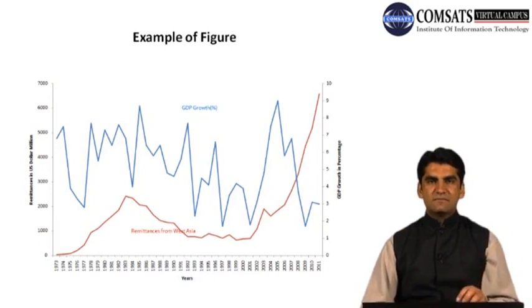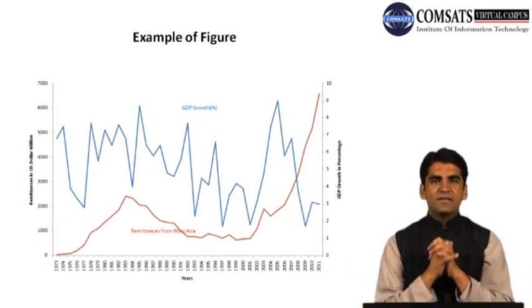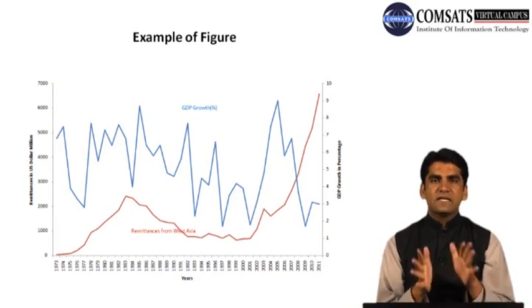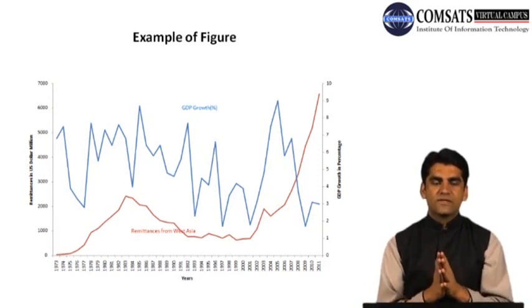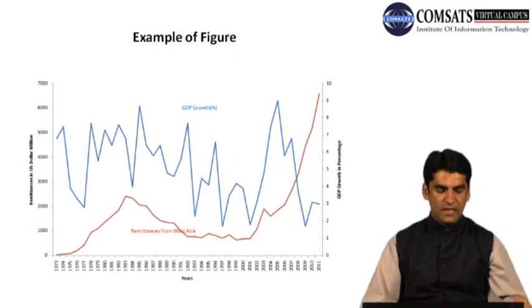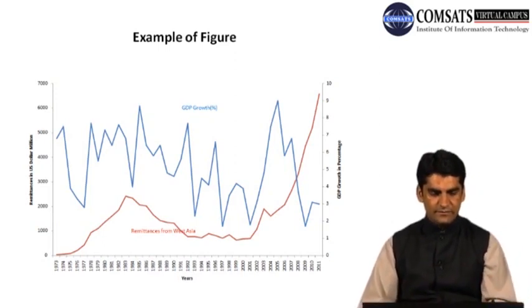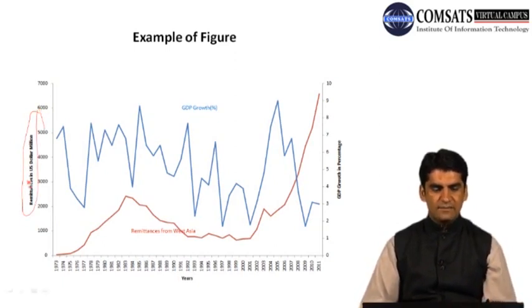Here we are missing some things, we have provided some other things, and we have combined two different graphs with different measurement units. For example, if we see on our left, we have remittances, which are labeled as remittances in US dollar millions.